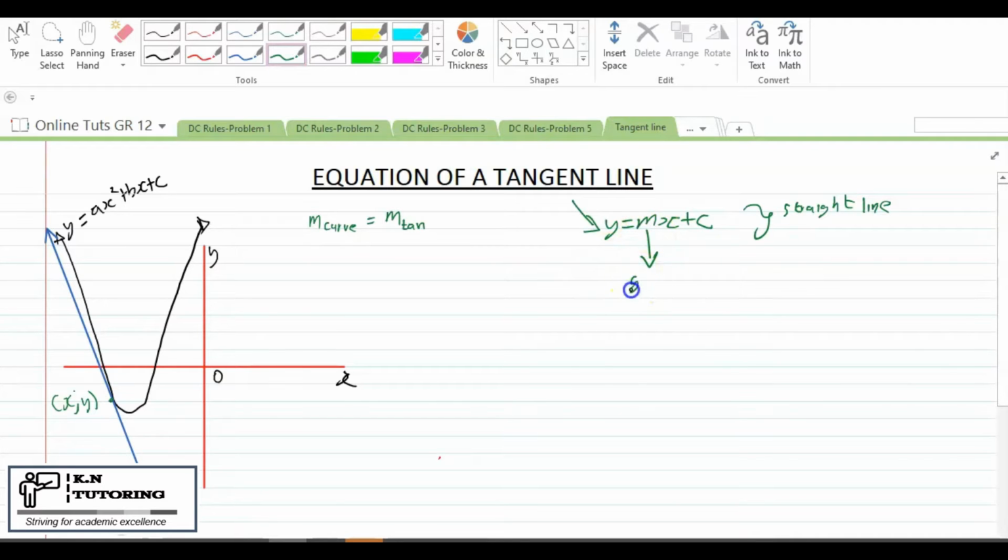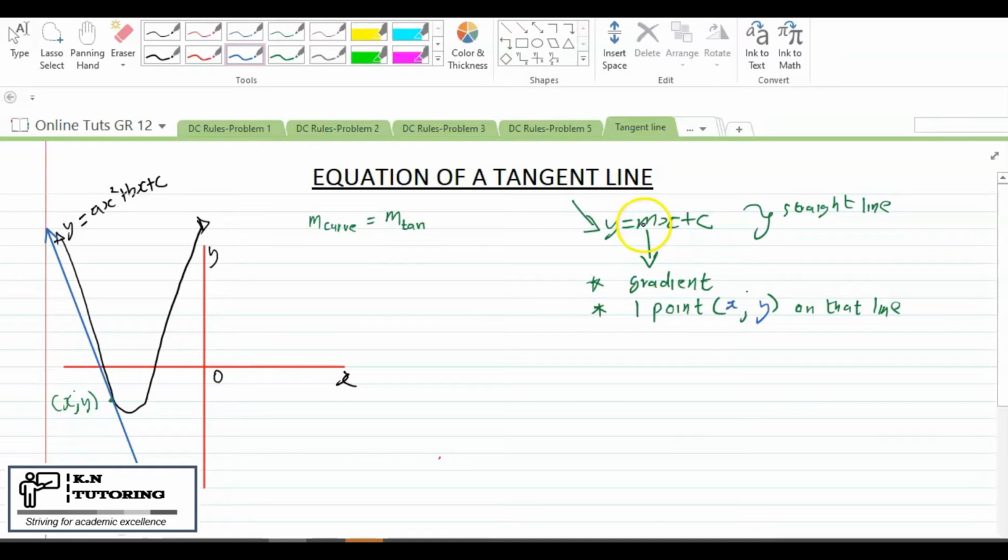You need the gradient, and you also need one point with coordinates on that line. You need that x and y, and then you can substitute to find the equation of that tangent line.